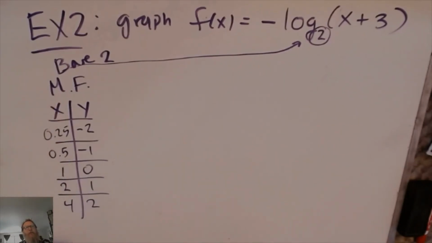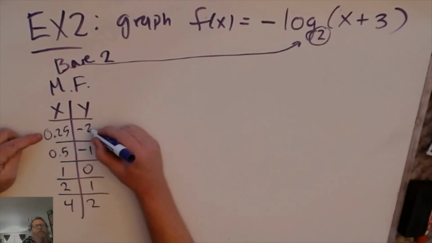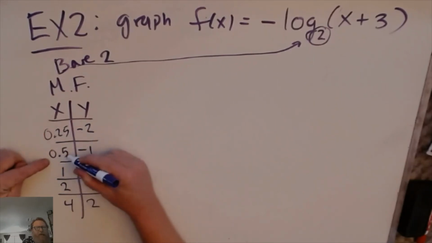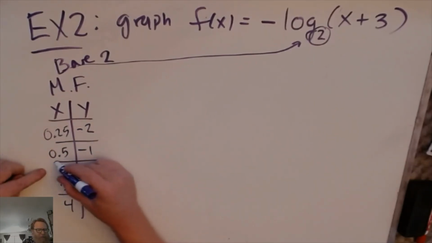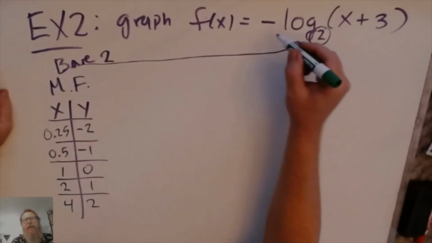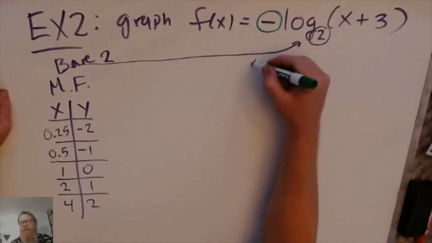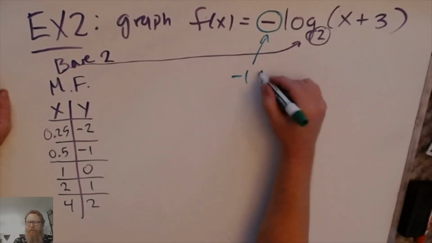So here's the mother function that we just had: 0.25 or 1/4, -2; 0.5 or 1/2, -1; 1, 0; 2, 1; and 4, 2. And now the whole reason why we learned transformations early on in the middle of the semester, I guess, was so that we could do it today. If you don't see a number, you see a sign here but no number, that's a -1. That's a reflector.